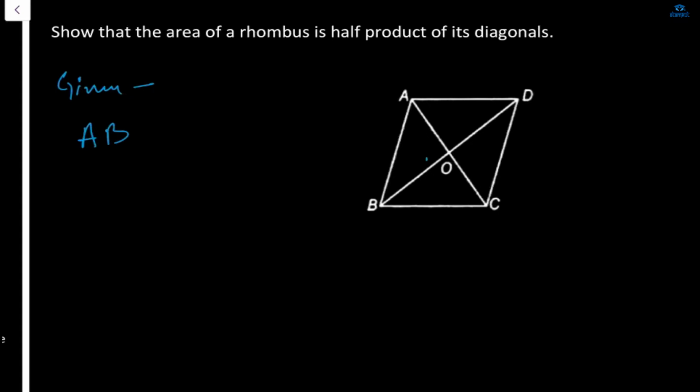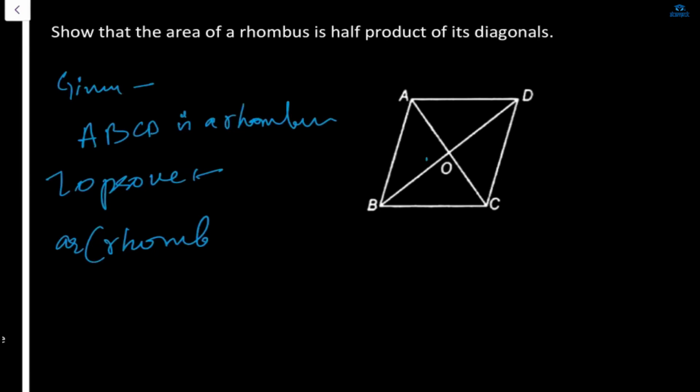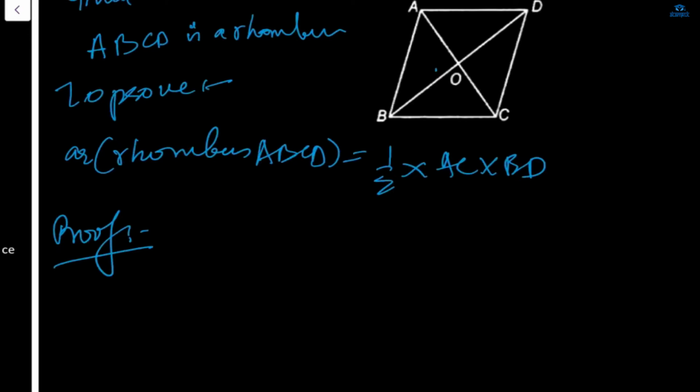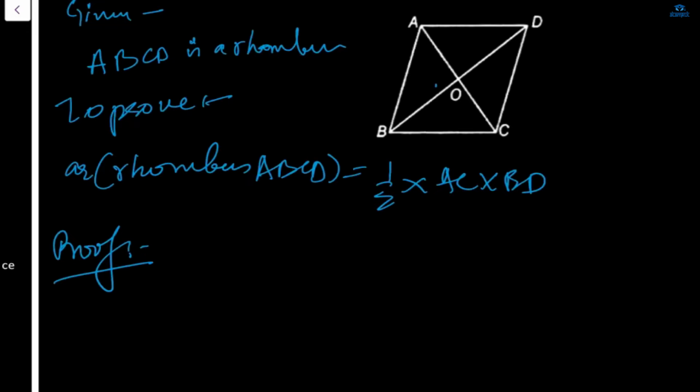Okay, that is the correct one. So what is given: ABCD is a rhombus, and to prove, we have to prove that area of rhombus ABCD is equal to half into AC into BD. Now, you have already done the proof, but quickly I will just explain. Diagonals of the rhombus bisect at right angle, or they are perpendicular to each other.